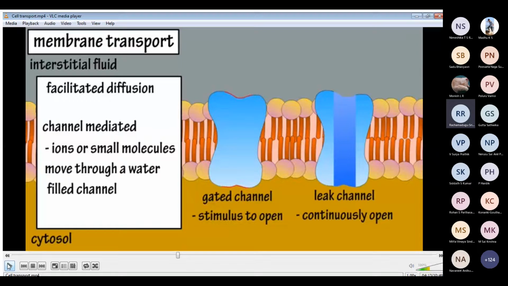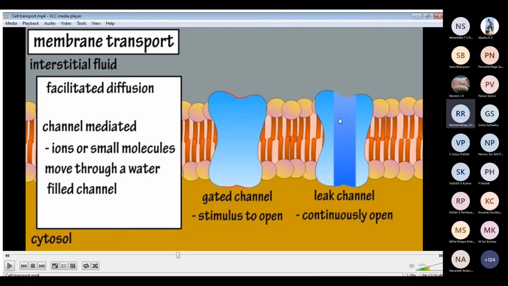See, listen, this gated channel, leak channel, all those things, later when we will be studying about action potential, we need all these things. All these channels are just nothing but proteins only, but the way they transmit the particle inside varies. So based upon that, they are giving all the different names.